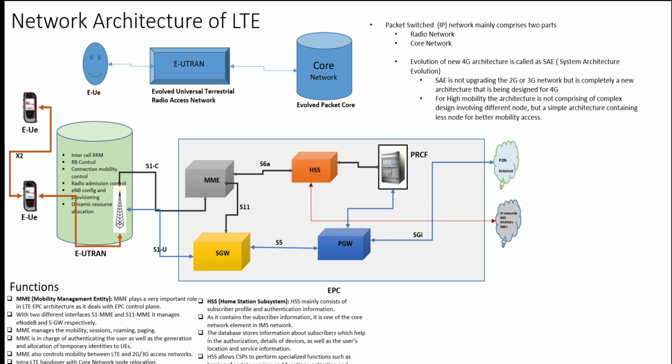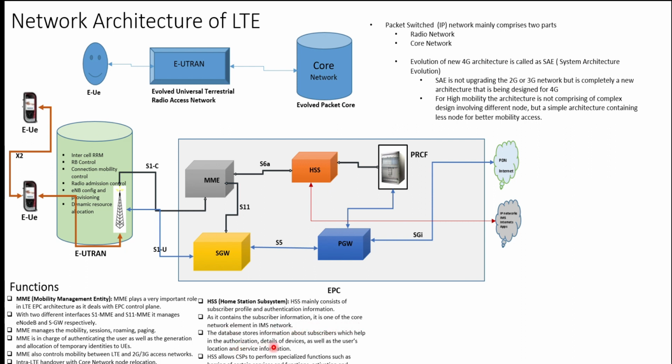So here, if you see what the main functions are, the HSS mainly consists of the subscriber profile and authentication information, because whatever provisioning happens, the subscriber provisioning, all those entries go into your HSS. It contains the subscriber information. It is one of the core network elements in the IMS network.